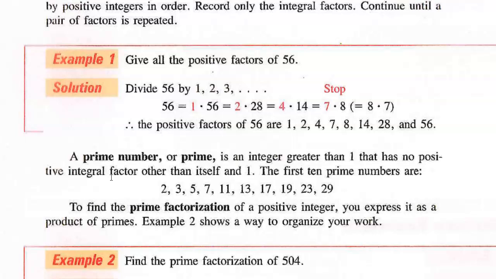The first 10 prime numbers are 2, 3, 5, 7, 11, 13, 17, 19, 23, and 29. These are prime numbers because the only factors of each of these numbers are 1 and the number itself. The 11th prime number is 31.